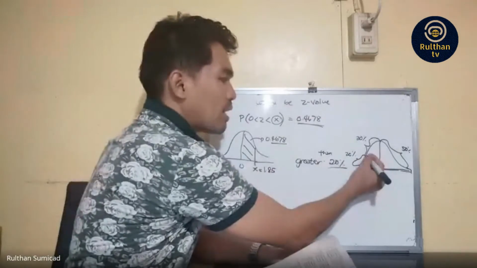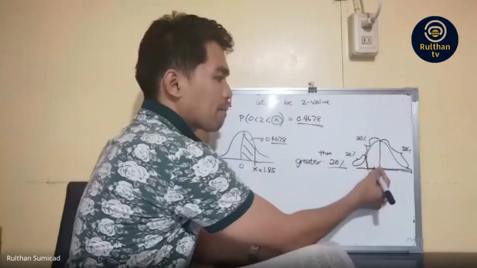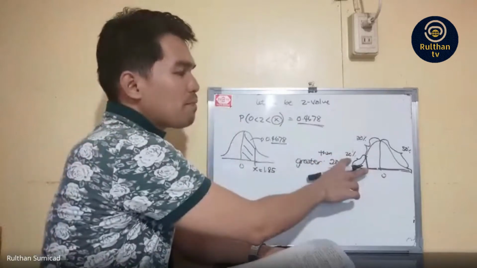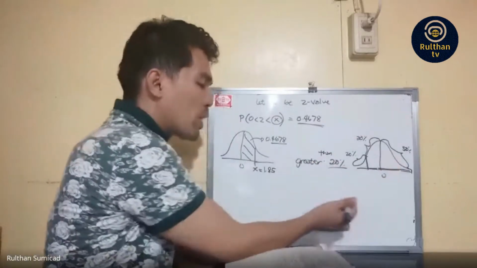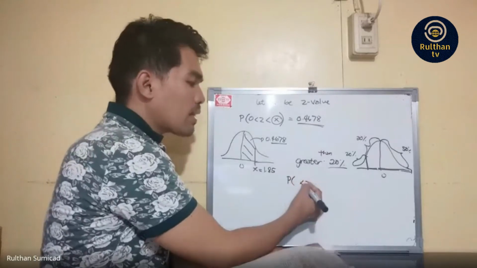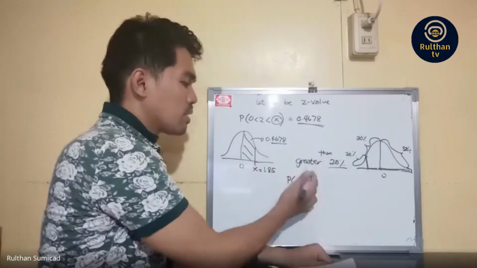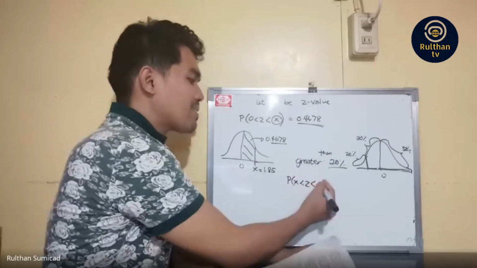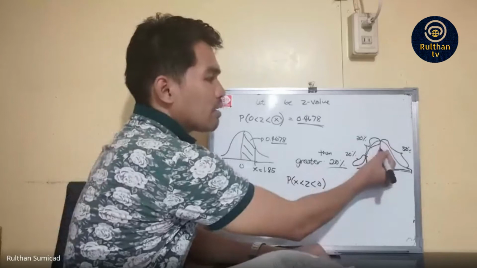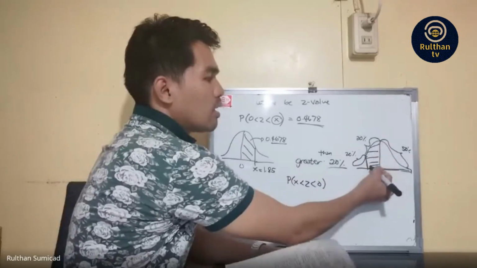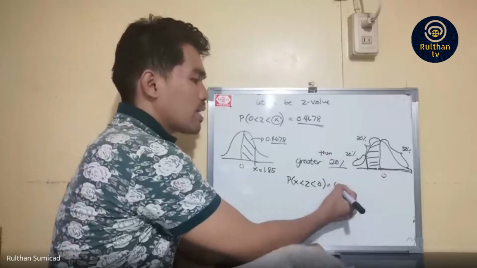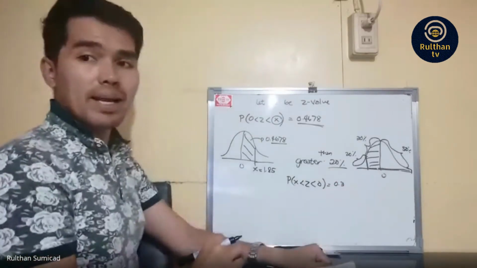Now, let's find what the z-score is in this area. Since we know that this is 50, the remaining half is 30. We're going to find now P of a z-score greater than x but less than 0, exactly referring to this area, which equals 0.3 or 30%.